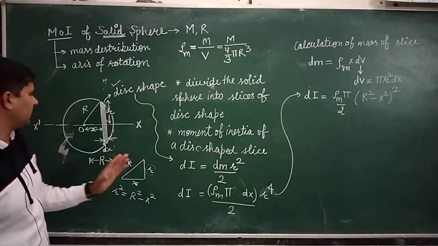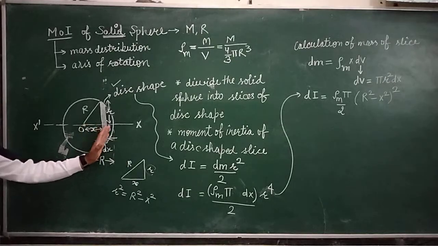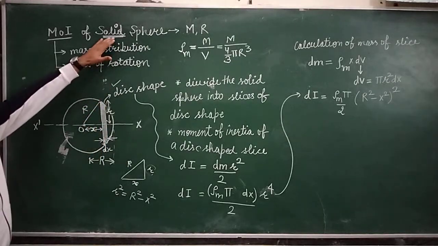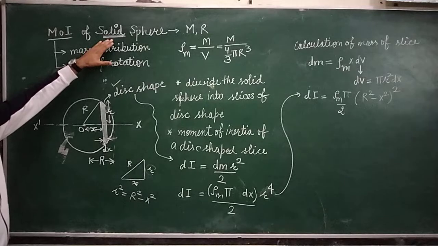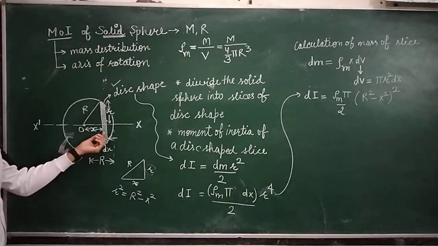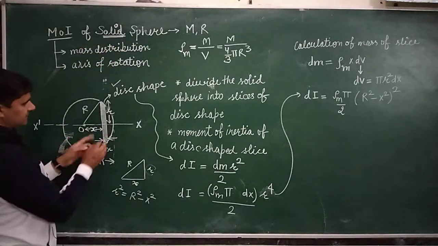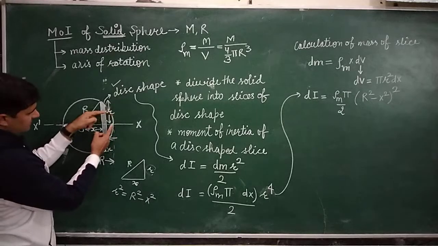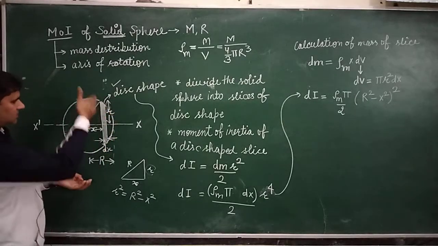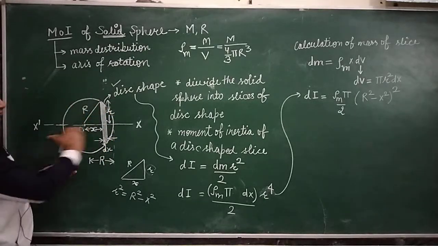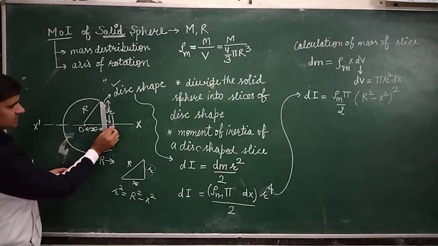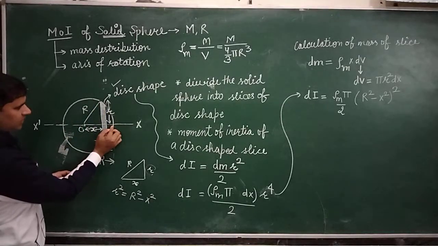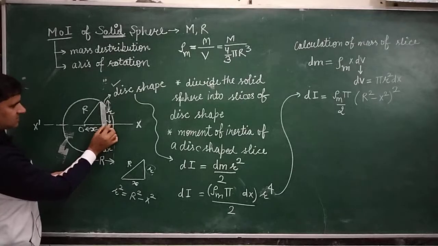Now you are to integrate it to obtain the value of the moment of inertia of the total solid sphere, and the limits of integration you see. We will start the slices. If you cut this perpendicular to the axis of rotation, then the slices will start from this point and their size will increase.